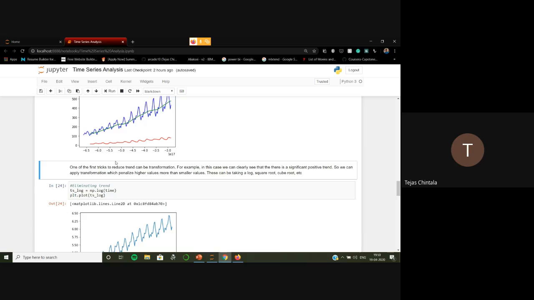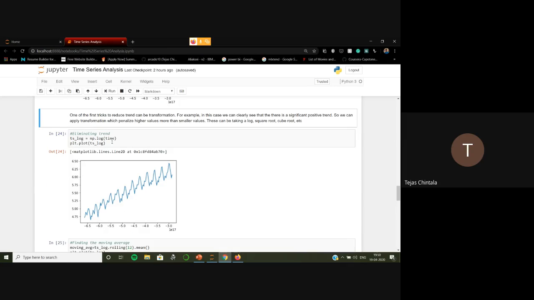For example, when we can clearly see a positive trend, we can transform the values of the data set. We can take the logarithmic, square root or cube root functions. Here I am applying the logarithmic function to my time series.